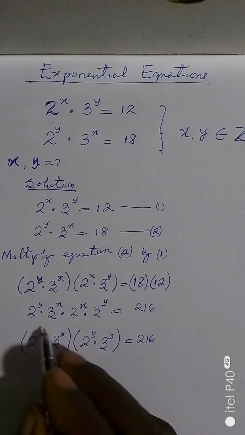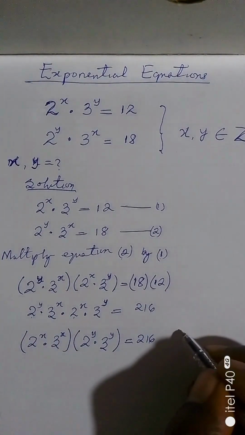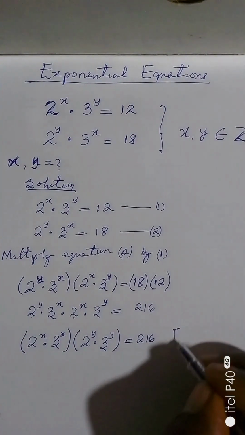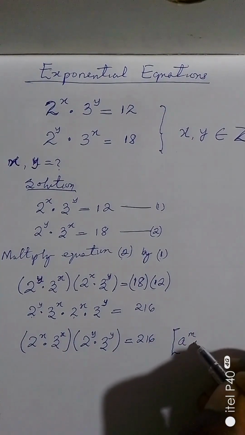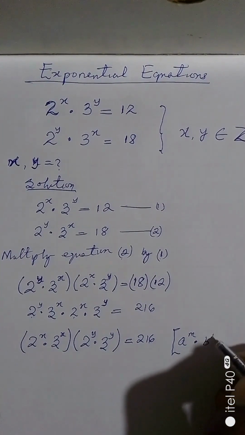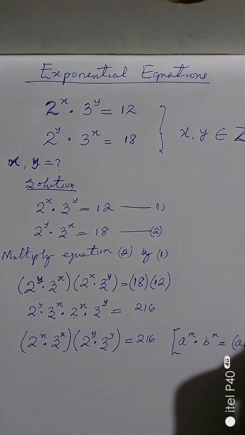Now we know that from indices, there's a law that says if you have a to the power of m dot b to the power of m, then this will give us ab to the power of m.